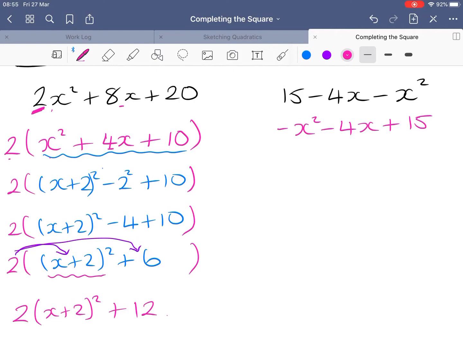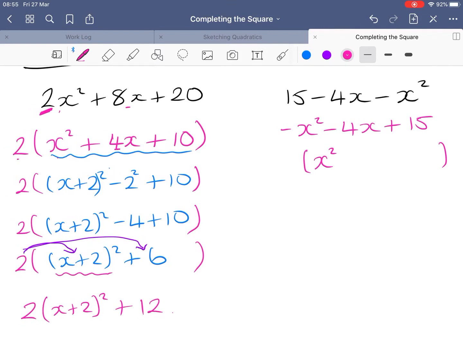So what factor am I going to have to take out so that in my bracket it starts as a positive x squared? Well, I'm going to have to take out a factor of minus 1, because minus 1 multiplied by x squared would give me minus x squared. So next term, minus 1 times what gives me minus 4x?